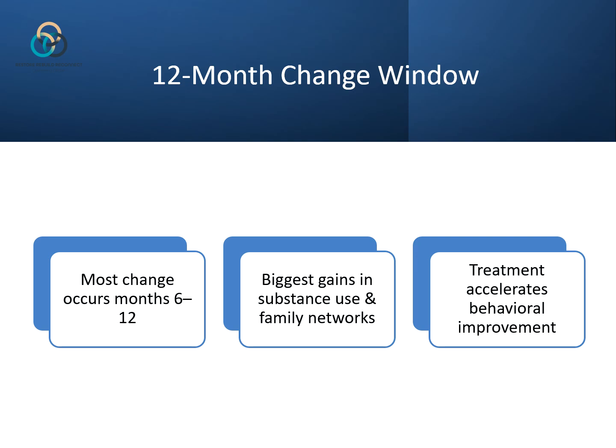And like we talked about in the previous slides, that reduction in substance use, reductions in family criminal networks, working and earning income, these things can more likely accelerate recidivism reductions during the first 6 months.